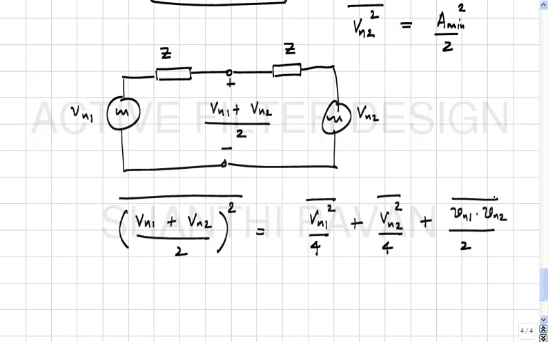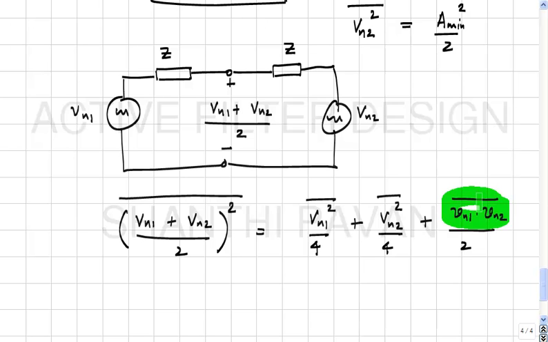Okay. So Vn1 and Vn2 are statistically equivalent, but one waveform is completely uncorrelated with the other because they are happening in completely different circuits. Correct? Which means, what is the average value of Vn1 times Vn2?